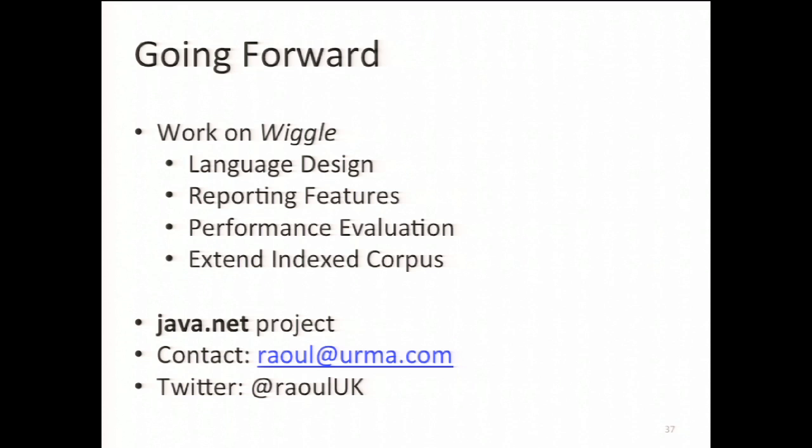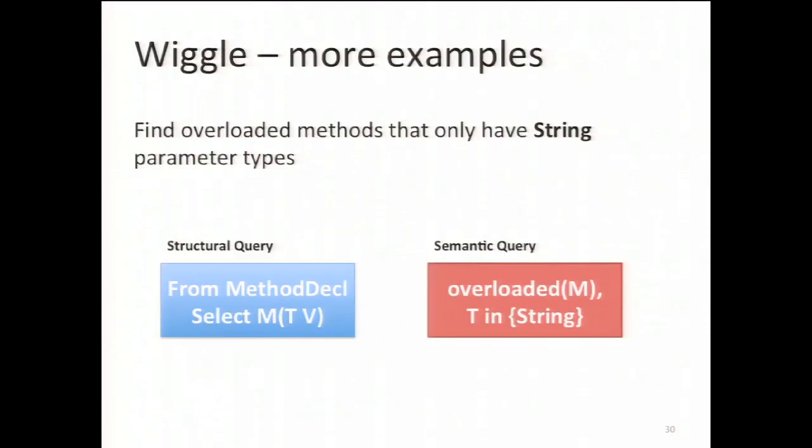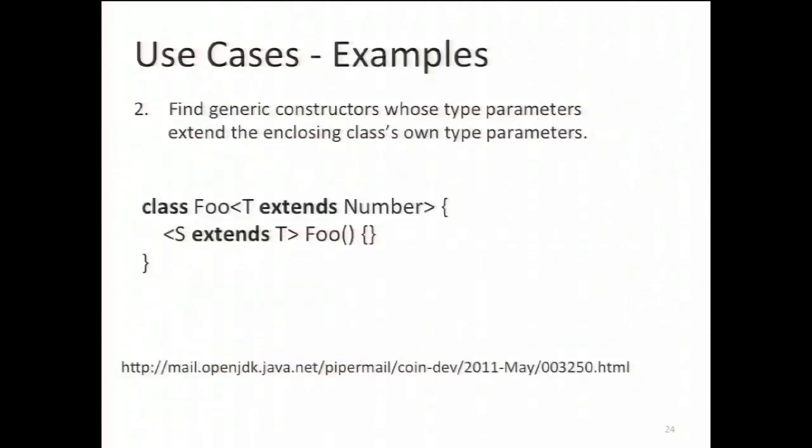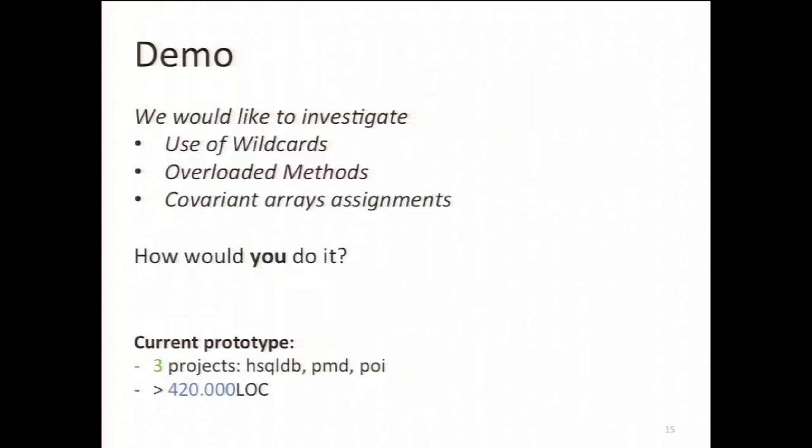Yep. What are the sample code bases that you're using? They were, let me see. POI, which I don't know what it is. PMD, which is a query language in itself, and then HSQLDB.